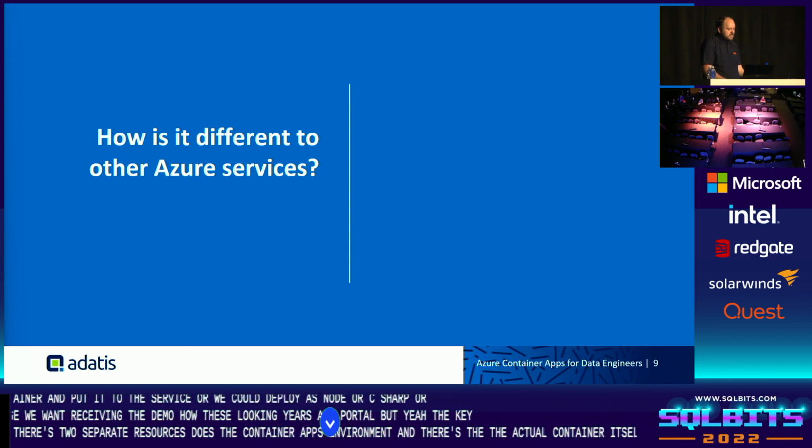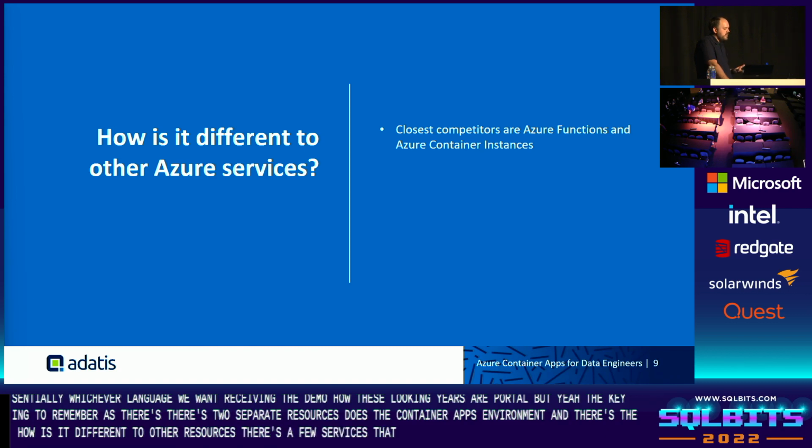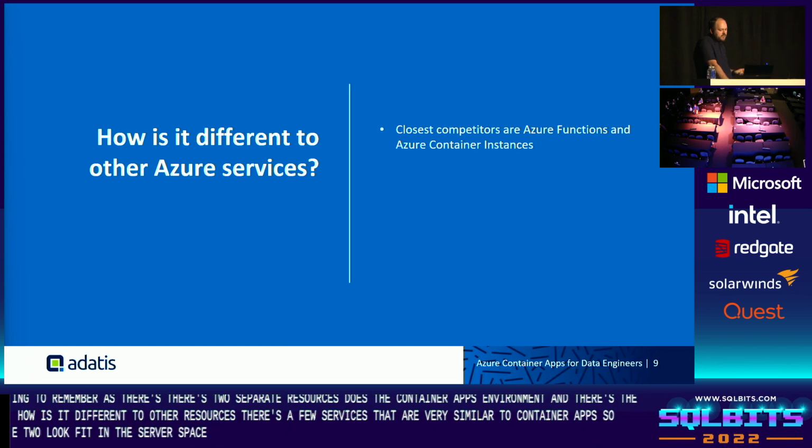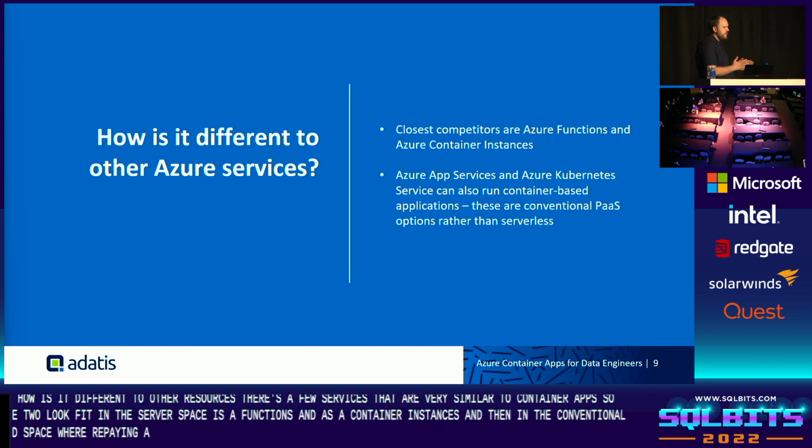So how is it different to other Azure resources? There's a few services that are very similar to container apps. The two that fit in the serverless space are Azure Functions and Azure Container Instances. And then in the conventional PaaS space, where we're paying a fixed monthly cost for a set of virtual machines, are Azure App Service and Azure Kubernetes Service.